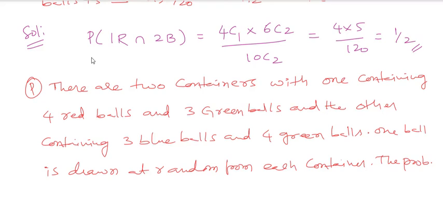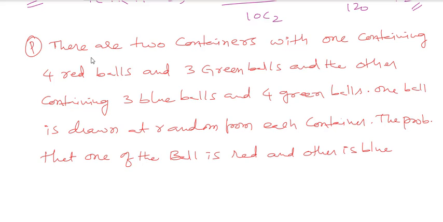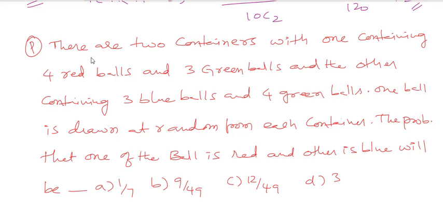The probability that one of the balls is red and the other is blue will be: A) 1 by 7, B) 9 by 49, C) 12 by 49, and D) 3 by 7.